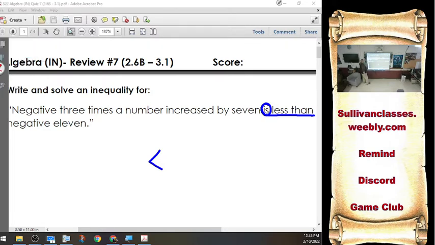So, then, -3 times a number increased by 7. Yes. Before I do anything else, do you see any commas in there? No. So when I say -3 times, -3 times means I have -3 times stuff.